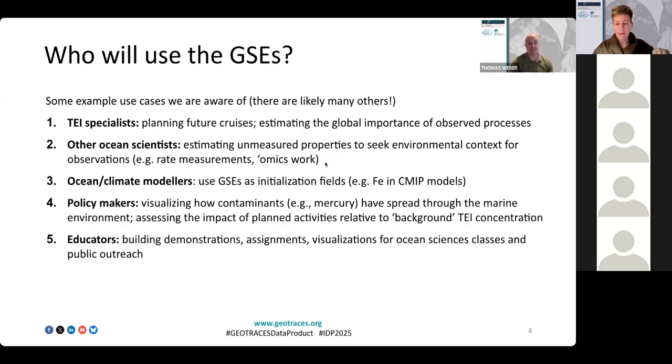In other marine sciences fields, GSEs could be used to provide environmental context, for instance, for rate measurements and omics surveys. They could be used in the climate modeling world as initialization fields, and they might help policymakers visualize things like contaminants and providing baselines against which to assess future perturbations. Finally, we can imagine lots of applications within marine science, education, and outreach.